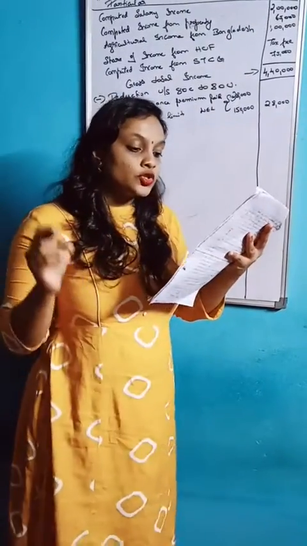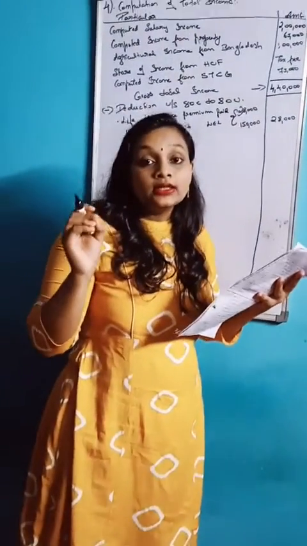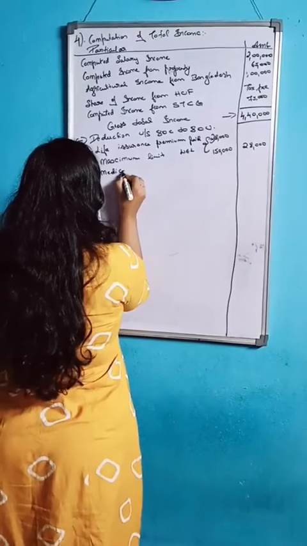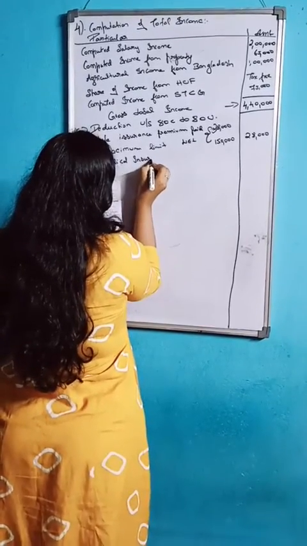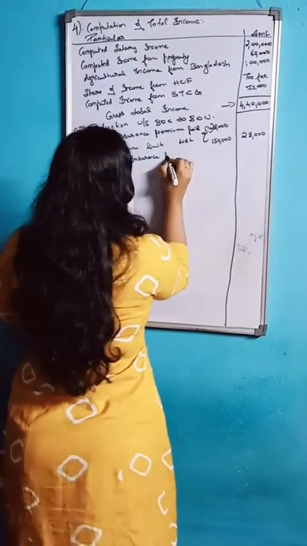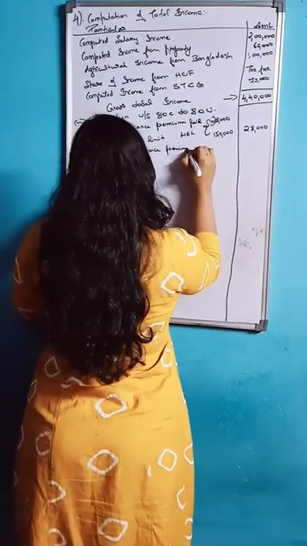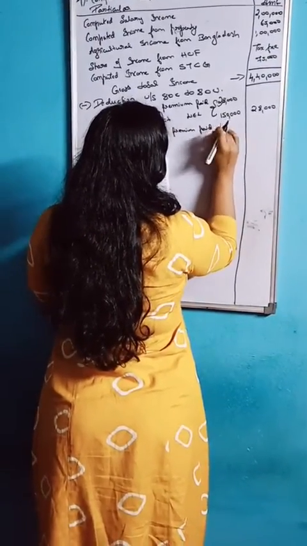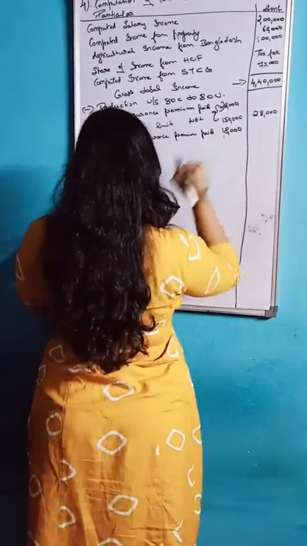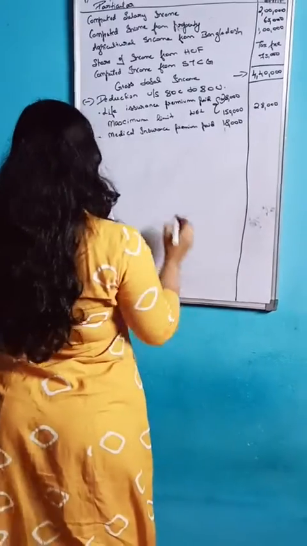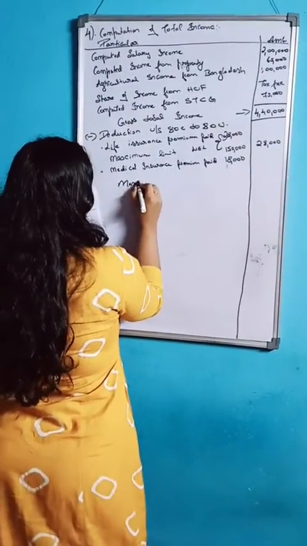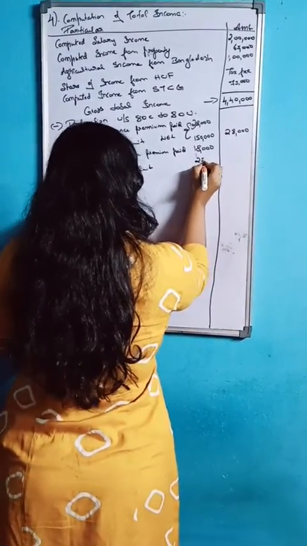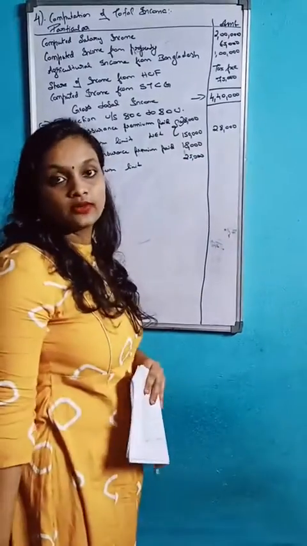Next one is medical insurance premium paid rupees 18,000, and the maximum limit is 25,000.